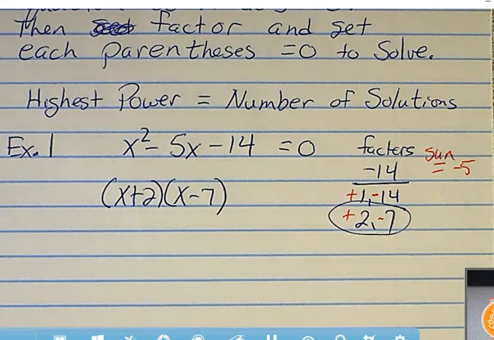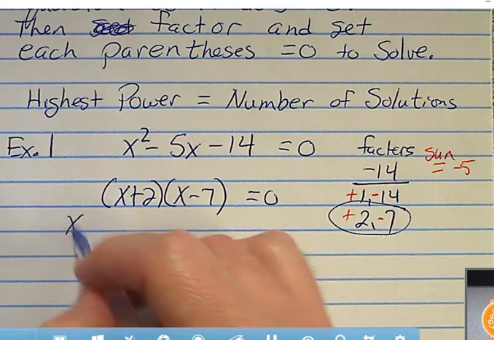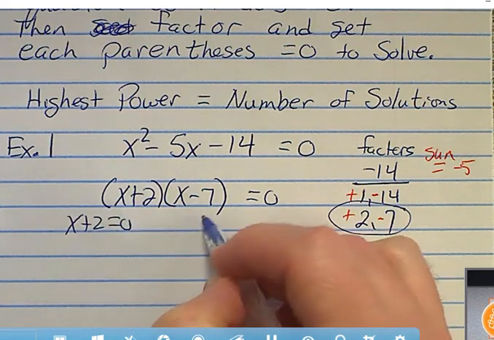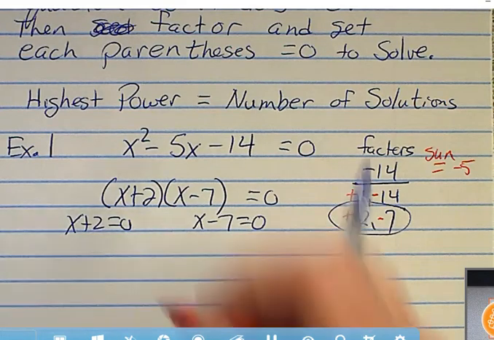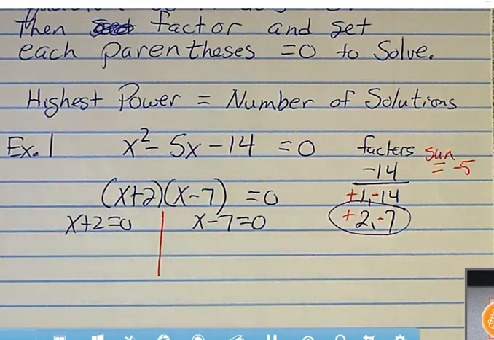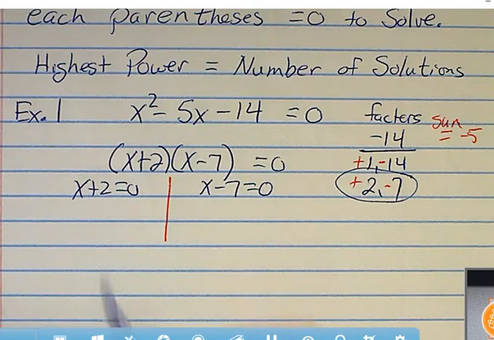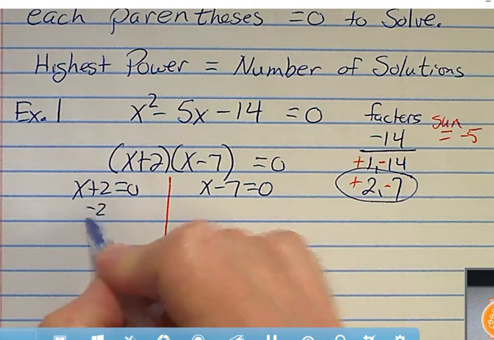Okay, and here's the only difference in what we're doing. On the last test where we were just factoring, this is where you would stop. But now it's equal to 0, so we're going to take each parenthesis we have and set both of those parentheses equal to 0. For x plus 2, just subtract 2 from both sides.